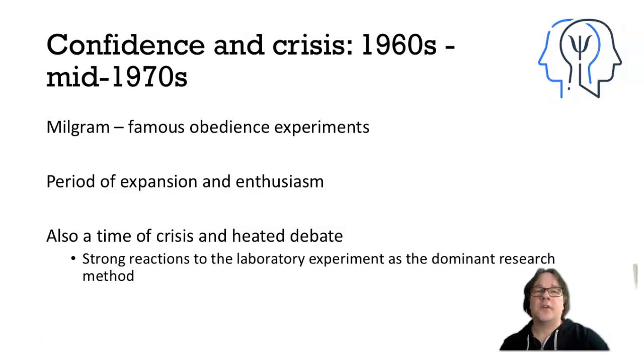And also, during this time, the 1960s and 70s, we had various social rights movements happening. We had the civil rights movement, we had the sexual revolution, we had the women's rights movement, second wave women's rights movement. They were calling into question the participants that were taking part in these studies. Most of these studies were coming out of Ivy League schools, which only admitted males.